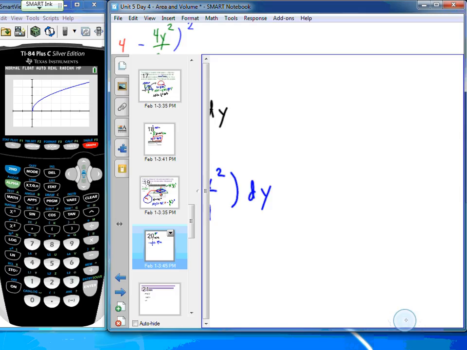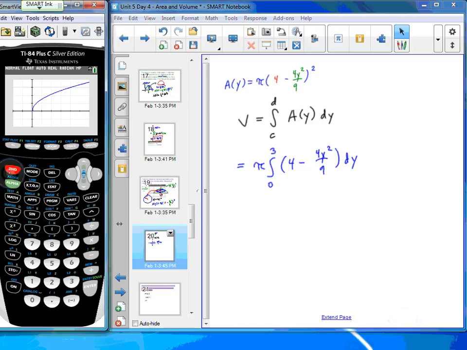So let's go ahead and see what that will generate. So here we go. On my home screen, I'm going to leave the pi out. I'm going to math 9, 0 to 3. Right, let's see, A of y is 4 minus 4y squared over 9.